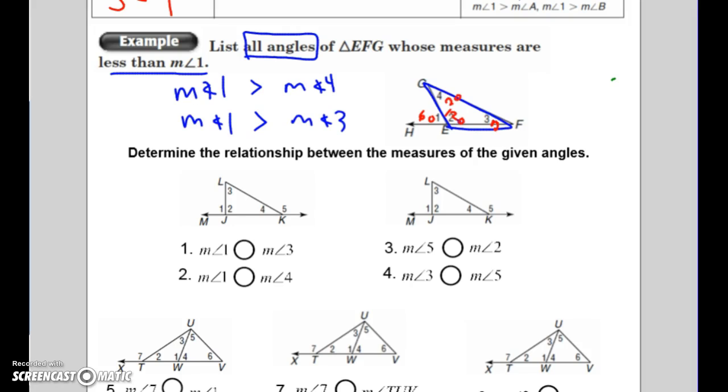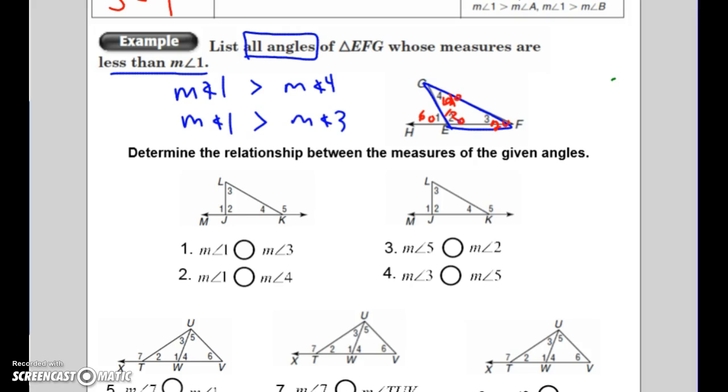And then this one would be 20. Doesn't mean that they have to be the same. I could have 30 and 10. But 20 plus 20, oh wait, that doesn't equal 60. So let's make this one 40 and 20, because now 40 plus 20 gives me 60. So angle 4 is less than 60 and angle 3 is less than 60. But this one is not.